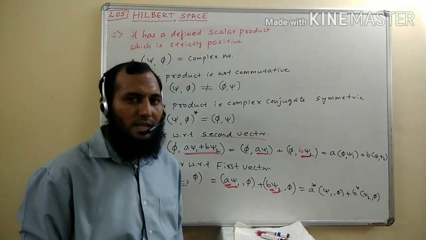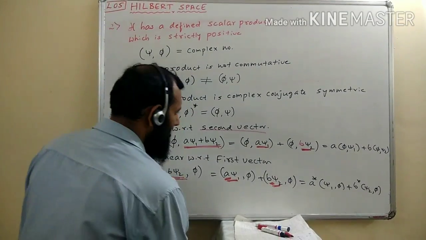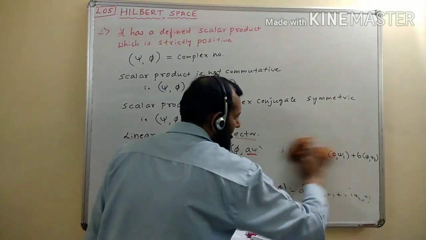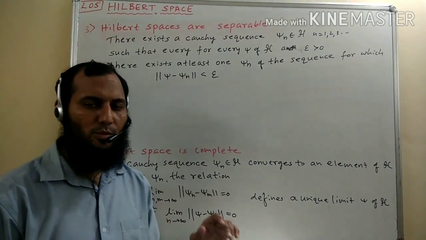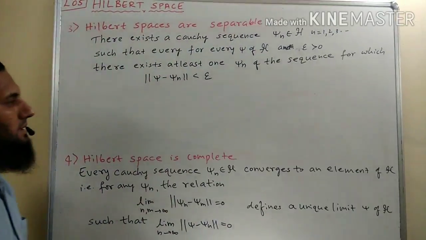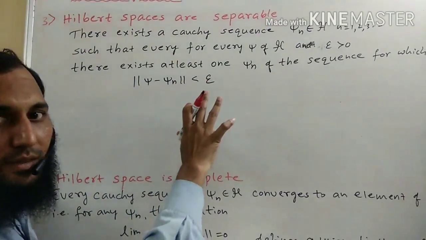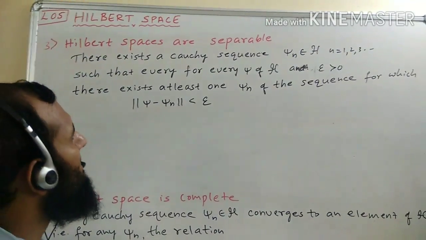So the third property is that Hilbert space is separable, which we'll see. Property number 3 of Hilbert space is that Hilbert spaces are separable, and this definition, whatever I have written here, I have taken directly from the Zettili textbook.